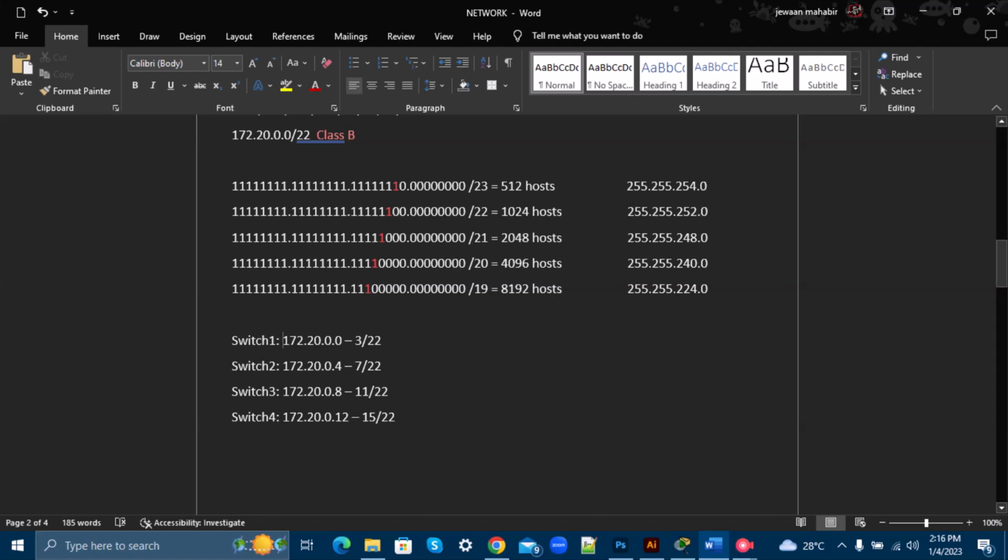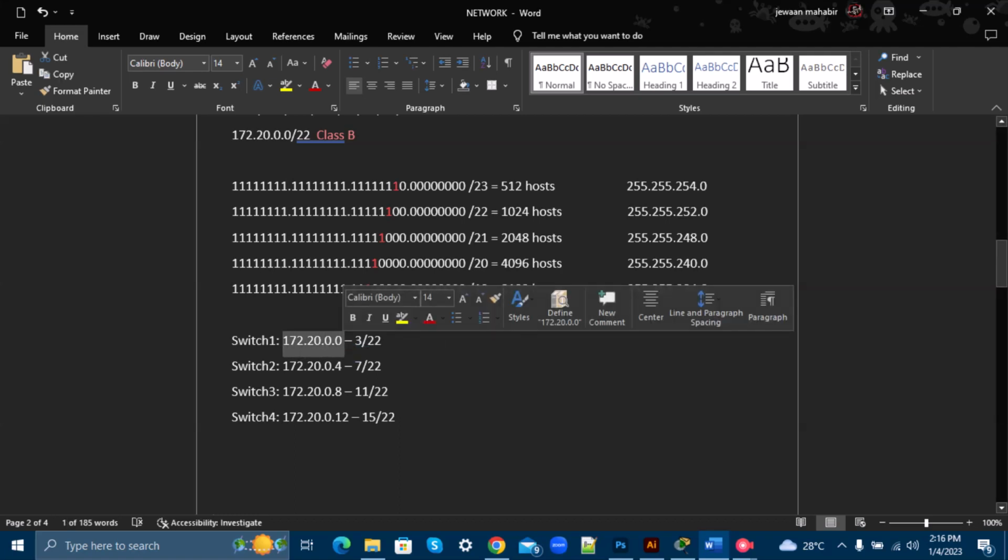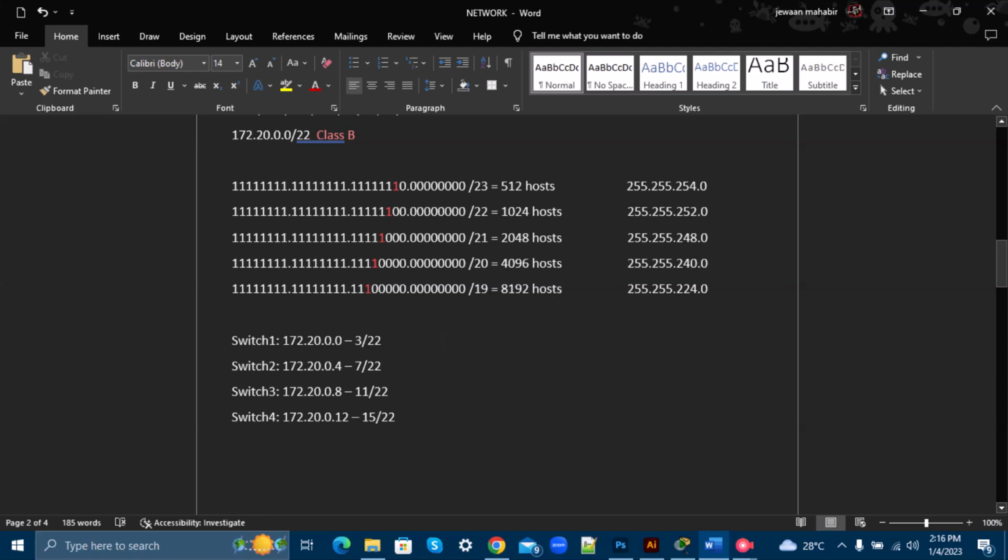So the highlighted text here is going to be your network address, right? Now for your broadcast address, it's going to be 172.20.0.3. We're going to be using the 3, and that is going to be your broadcast address.